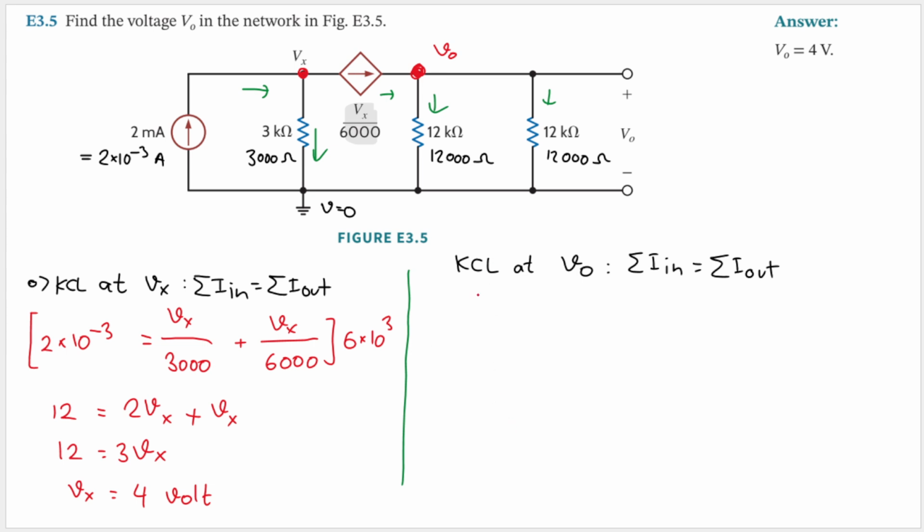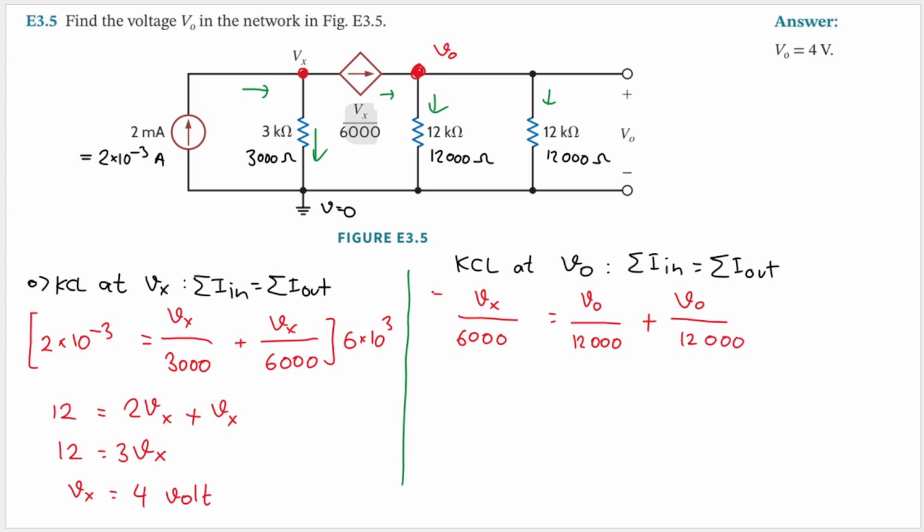So we will write it Vx divided by 6000, right? Because it is a current source. And then that is equal to V0 divided by 12,000 here. And then we also have another current that goes out, which is this current here, V0 divided by 12,000.